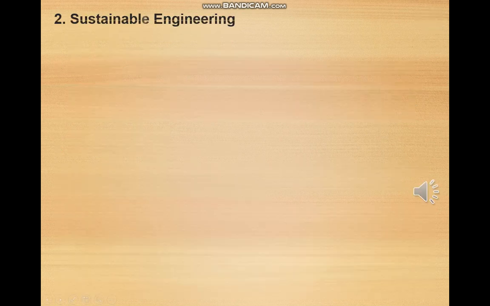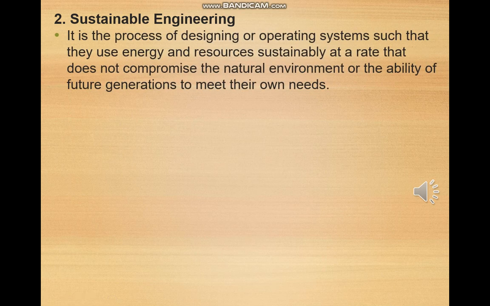Two. Sustainable engineering. It is the process of designing or operating systems such that they use energy and resources sustainably, at a rate that does not compromise the natural environment or the ability of future generations to meet their own needs.